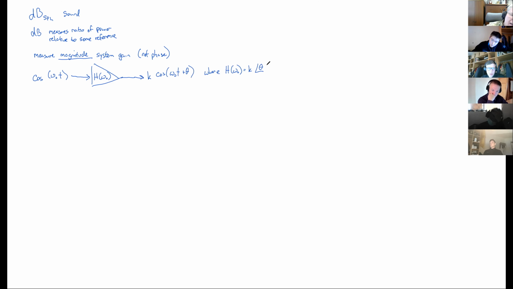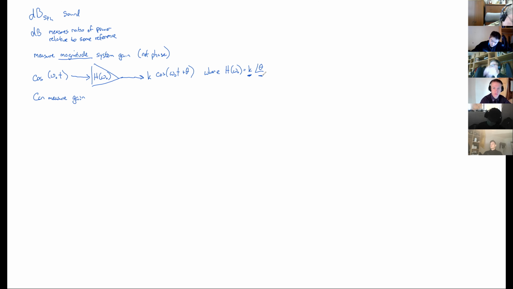And you can measure k. What we do for a Bode plot is we measure this, so this is the gain part. This is how much it increases our signal. And this is the phase difference. This is how much it moves our signal left, right.